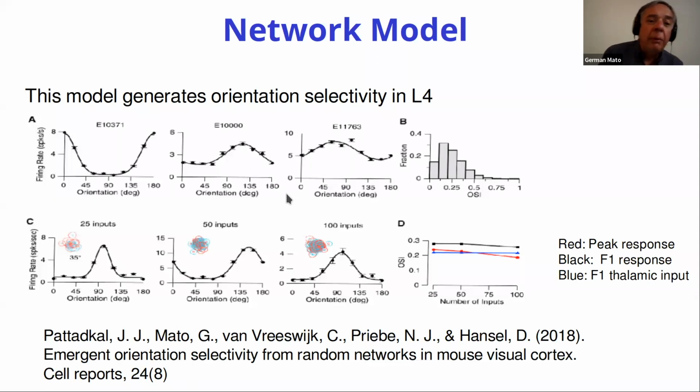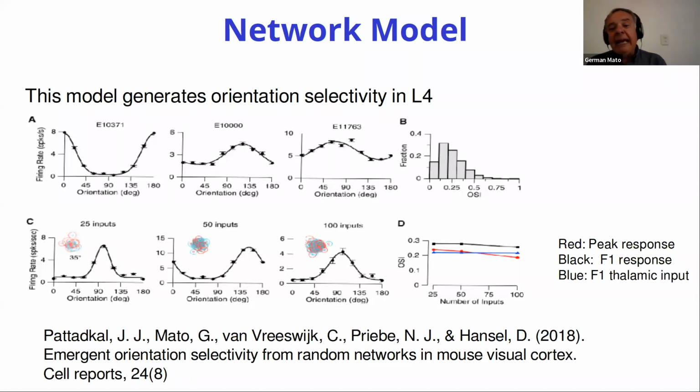The firing rates are reasonable, of about a few hertz. If we plot the distribution of OSI for the whole population, we obtain panel B on the right, that has a mean value of between 0.2 and 0.3. So this means that a purely random connectivity pattern can generate selectivity. This is the main conclusion of this point.